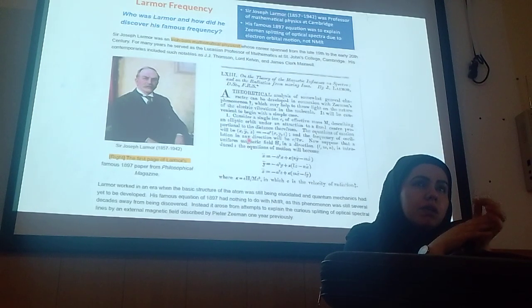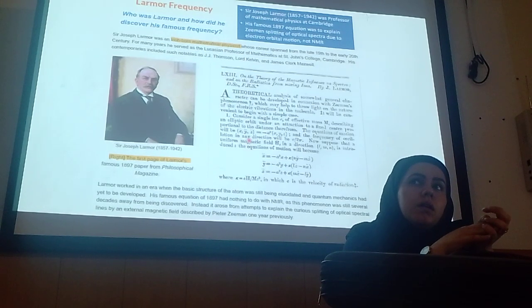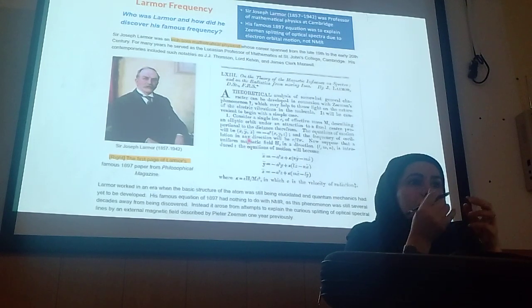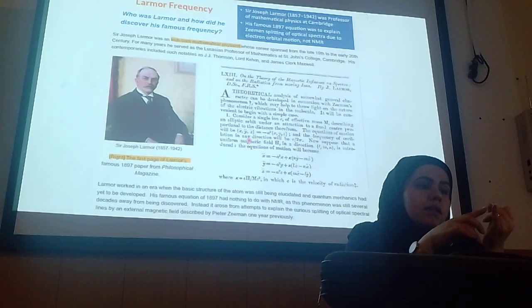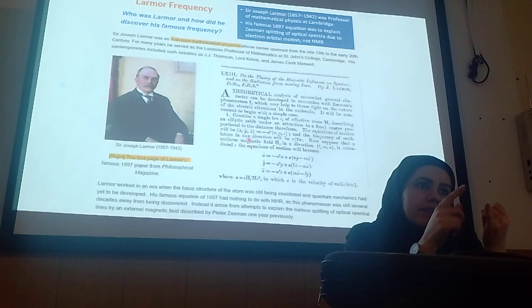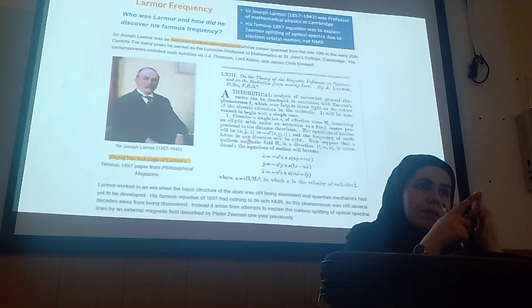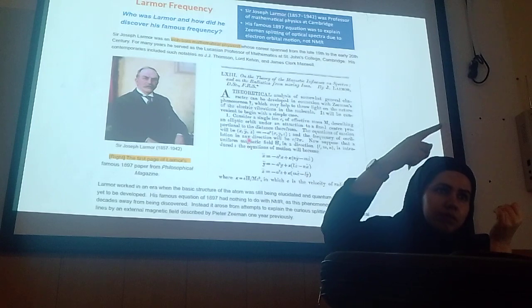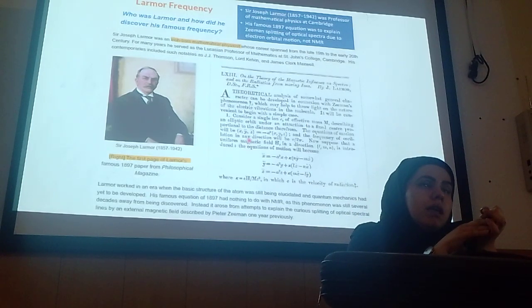I told you two important factors are important in creating different precession frequency. The first item was different magnetic field. The second one depends on the electron circulating. We have two parameters.